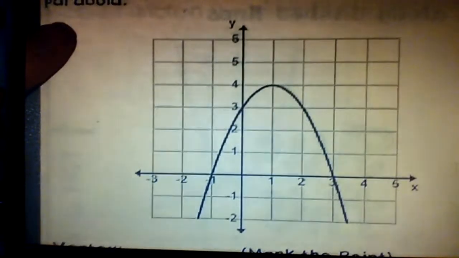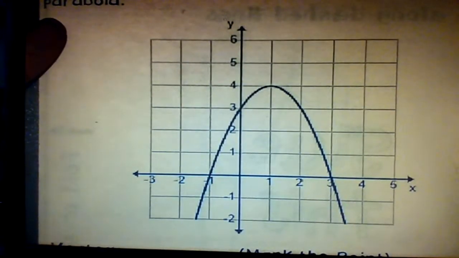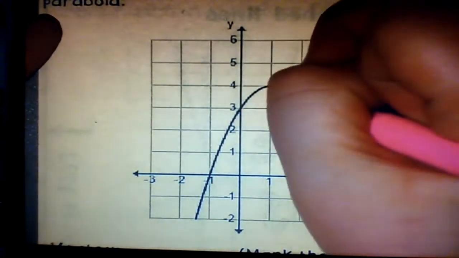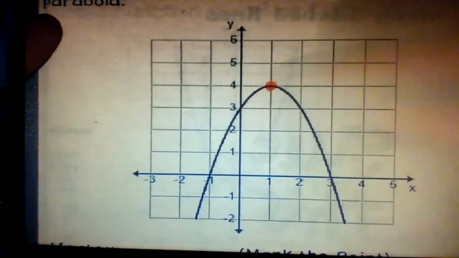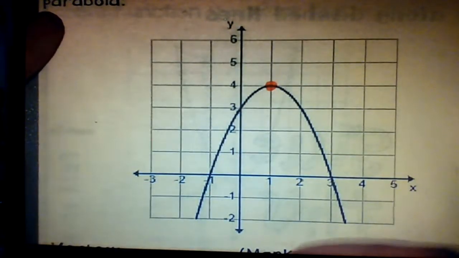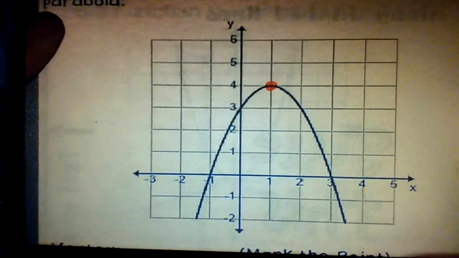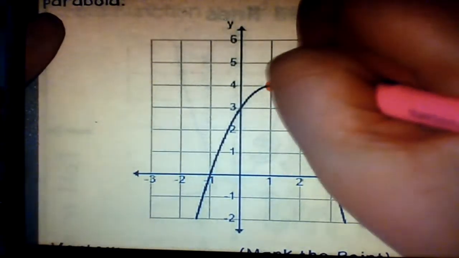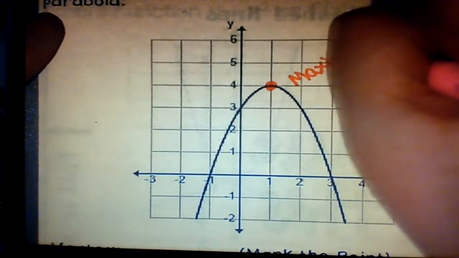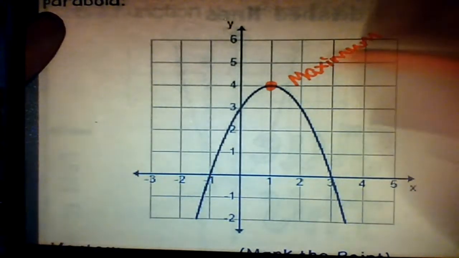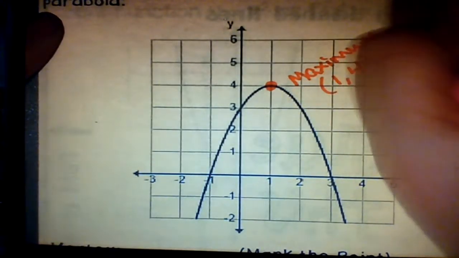Get up. Take a look at this one. This time, instead of a minimum, I have a maximum. This is my high point. What point is that? (1, 4). So guess what? That's your vertex.